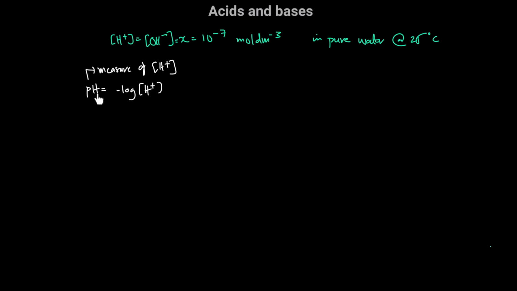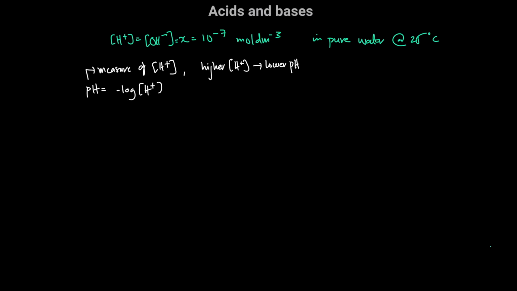So the lower the pH, the more acidic the solution and the higher the concentration of H+ ions. They're inversely related. So we can say that a higher concentration of H+, a more acidic solution, means a lower pH.